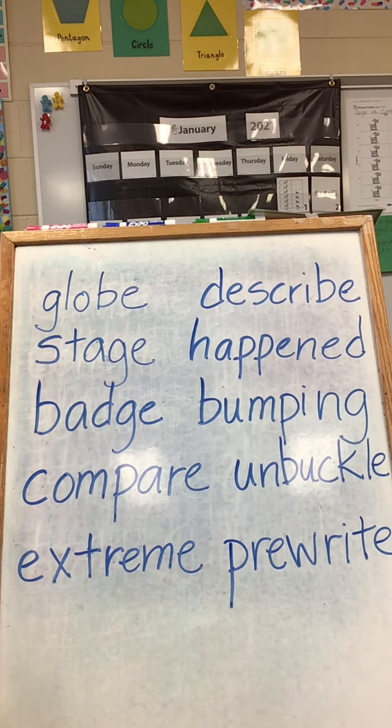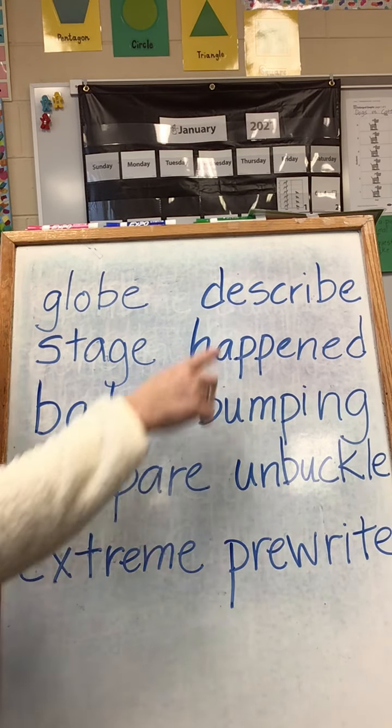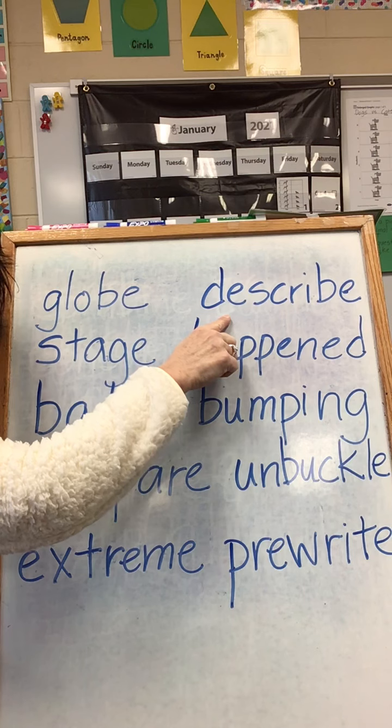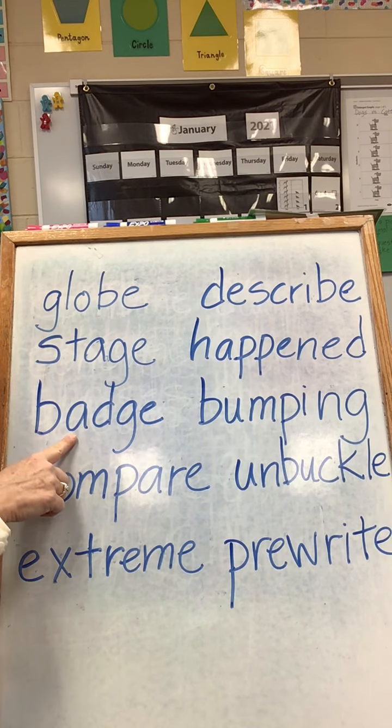Okay? I'm looking for a word that means that you are giving me more details about something. If you said describe, you are correct. And I'm looking for a word that is something that you can earn. If you said badge, you are correct. All right.